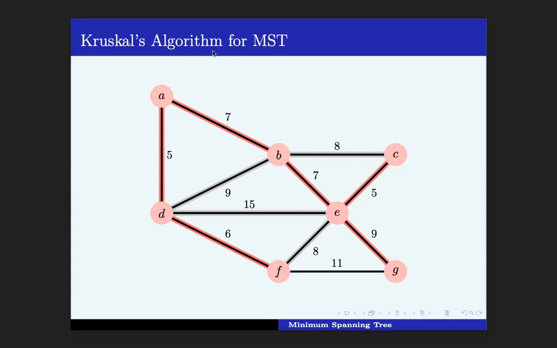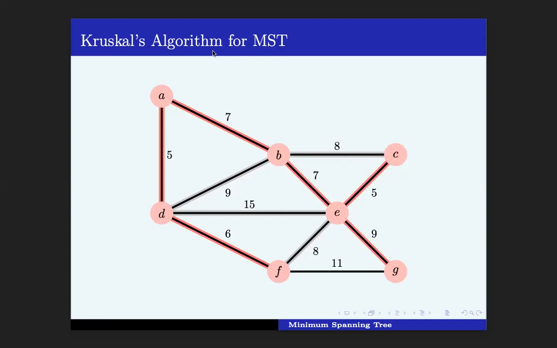Every time I find a minimum edge, how much time does it take? Is it order n square? Just one second. It will take order of number of edges. So the first edge takes order number of edges to find. What will it take the second time? How much time does it take to find the next smallest edge?